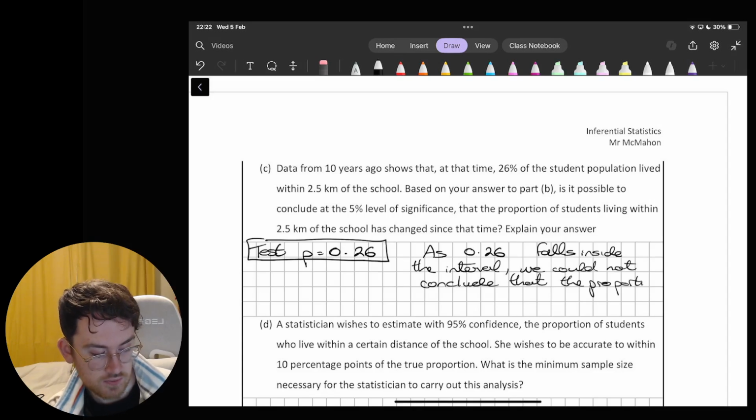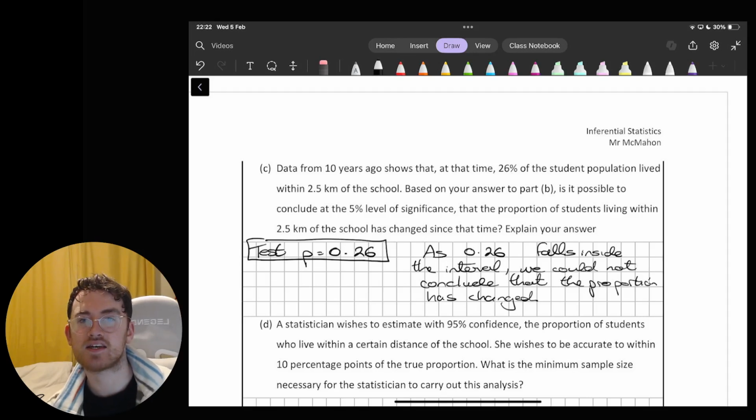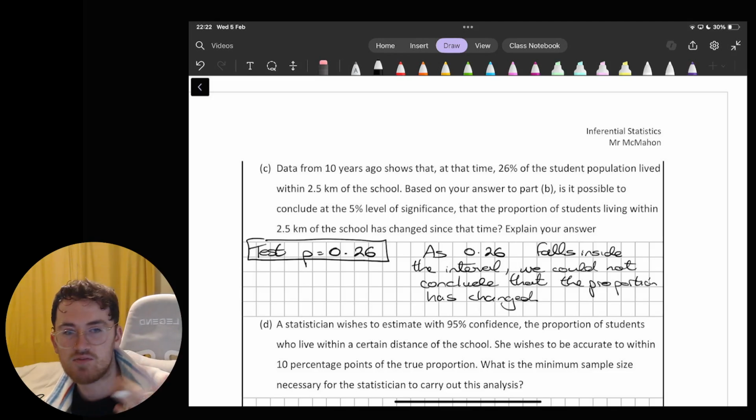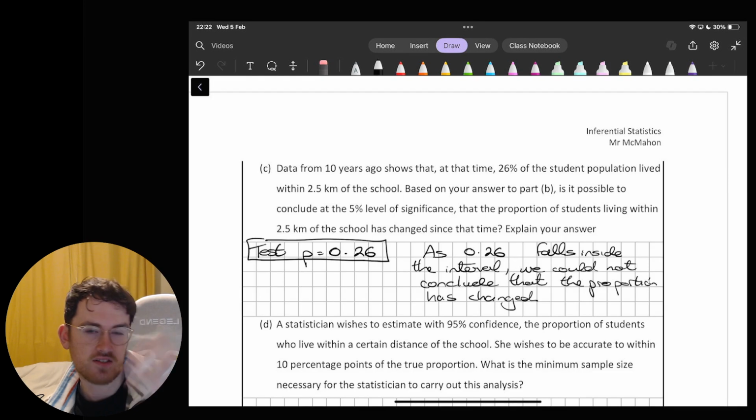Because 0.26 falls within the interval, there's nothing to say that it couldn't still be that. So we would fail to reject if we look at it as an actual hypothesis test here. But if we're taking it a bit more casually, which I think is nearly what this question's looking for, yeah, we couldn't conclude that because we don't have enough information.